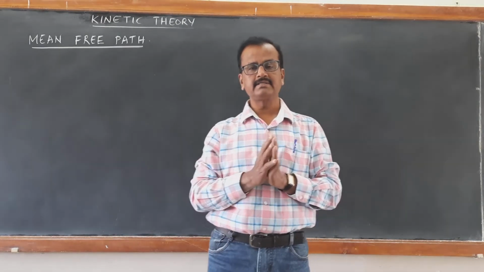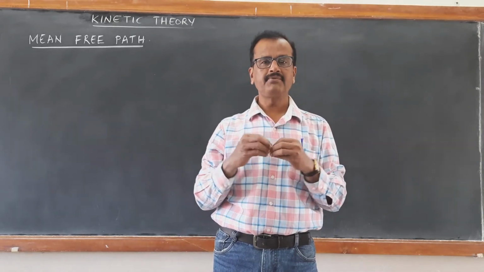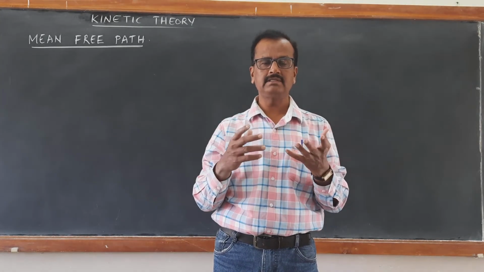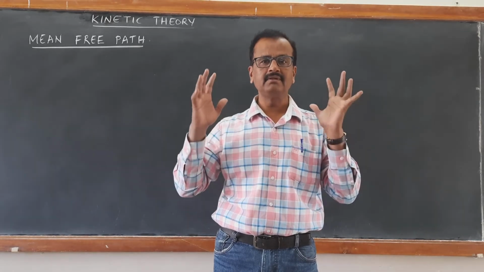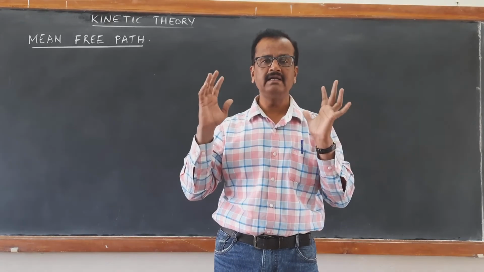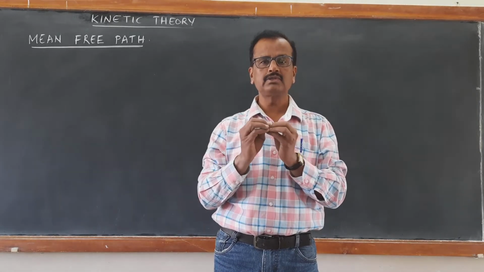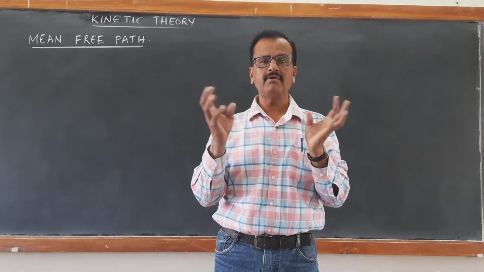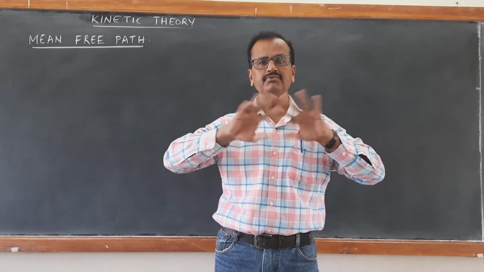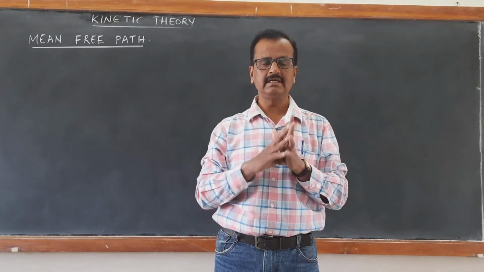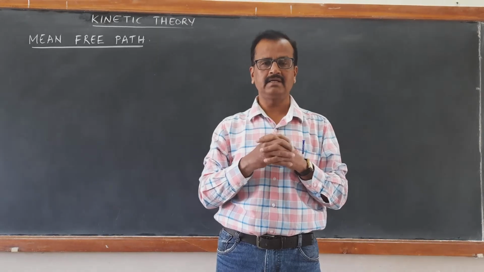So, in general, even though the molecules in a gas are free to move with very high speeds, if the gas is highly dense, the molecules will undergo a number of collisions among themselves, and thus they will not diffuse so easily. Their paths will not be straight as expected.